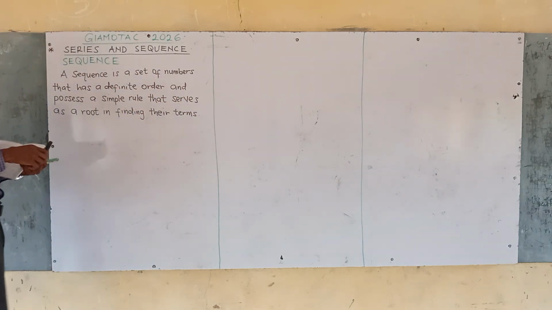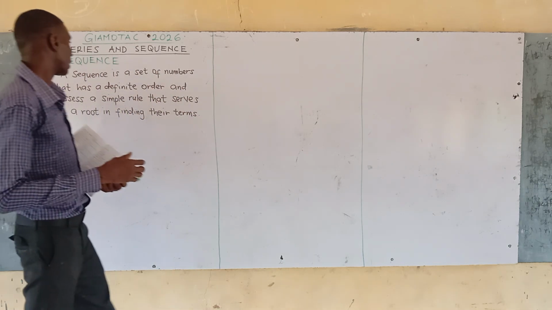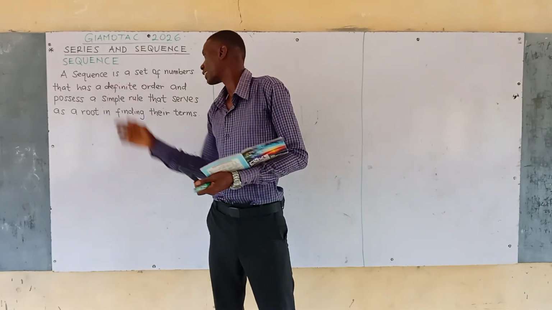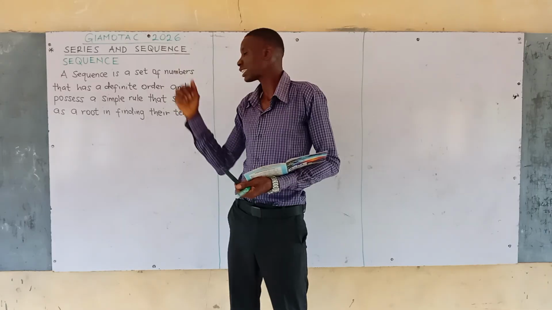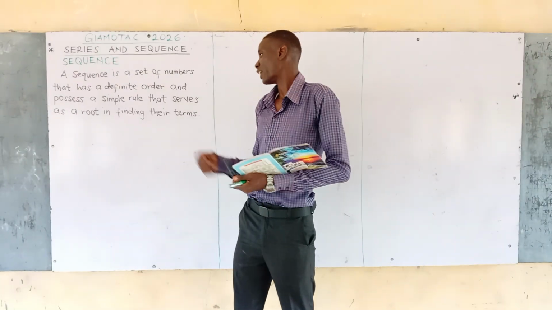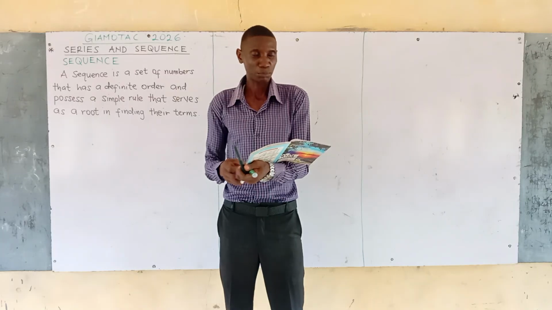Okay, so that is the definition of sequence: a set of numbers that has a definite order and possesses a simple rule that serves as a root in finding their terms.